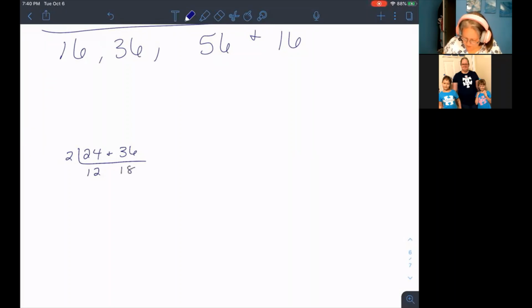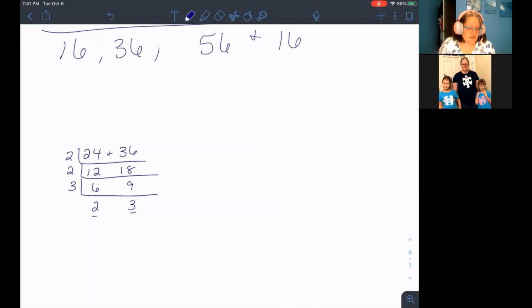They're both still even, so we know 2 goes in there again. So we have 6 and 9. And then both of those numbers are divisible by 3. So let's do 3. You get 2 and 3. Both of these are prime, the 2 and the 3, so we know it can't go any further.